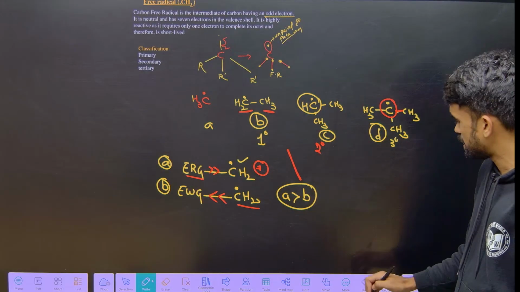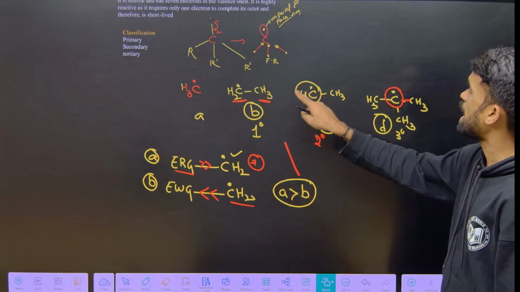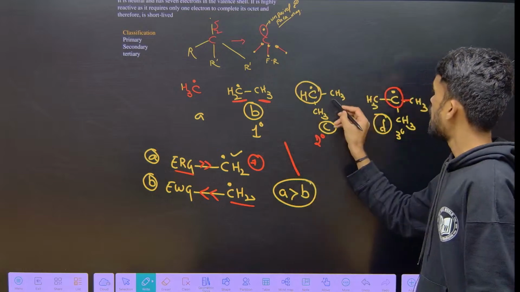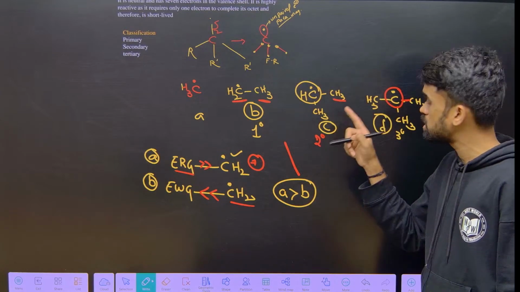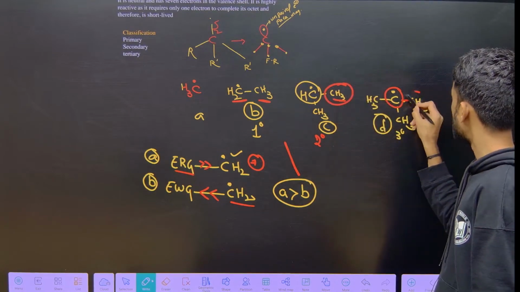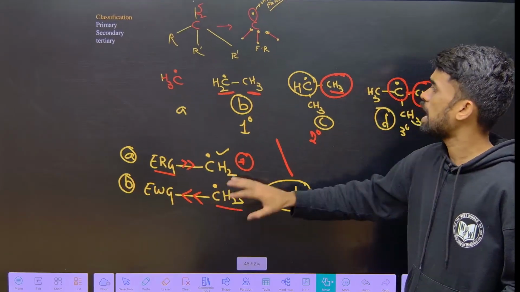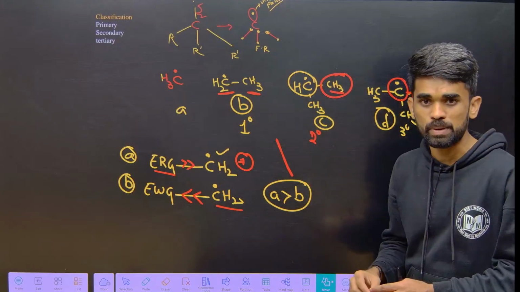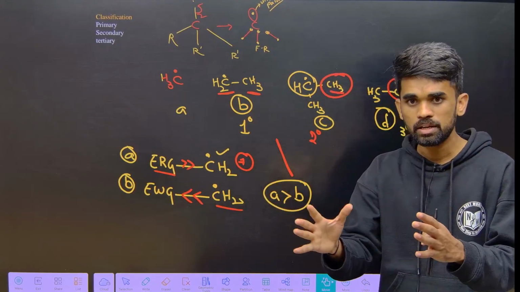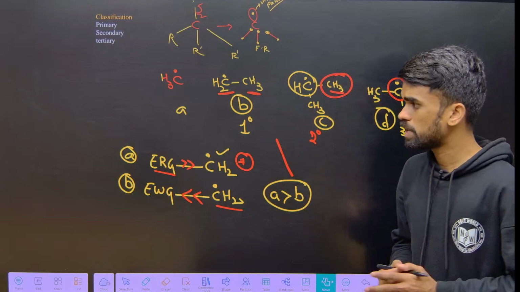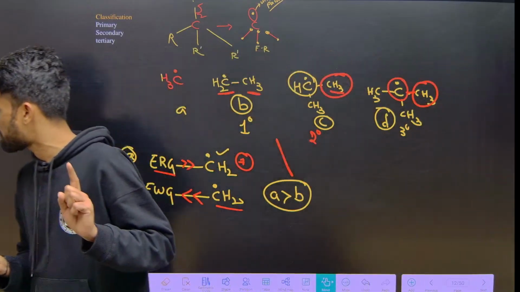How can we answer this kind of question? These radical species have 7 electrons only. Now look at the attached groups. What kind of groups are they? Do they have more electronegativity than the central carbon atom, or equal, or less? We need to compare like that. This is a general or primary step.